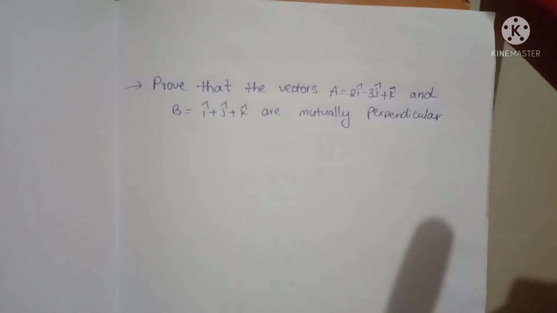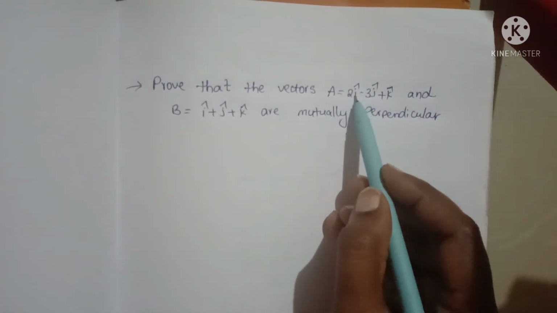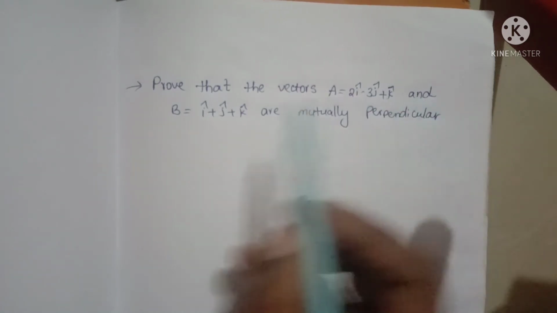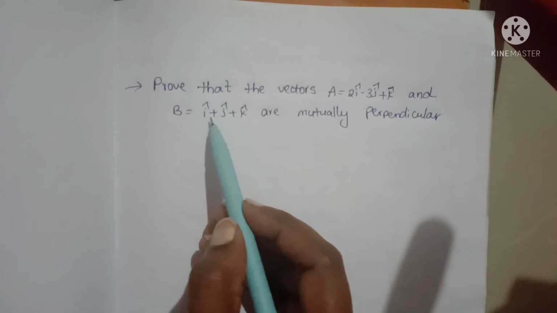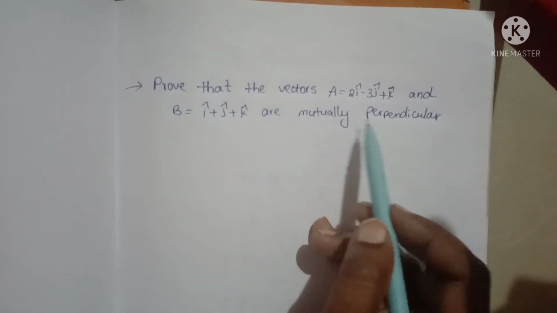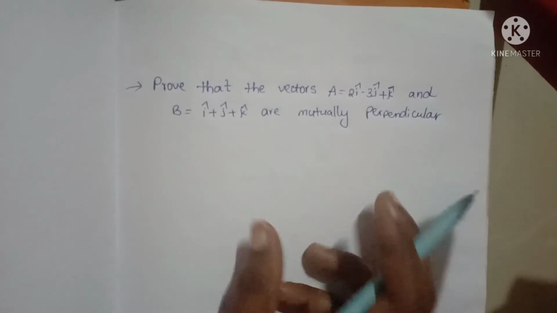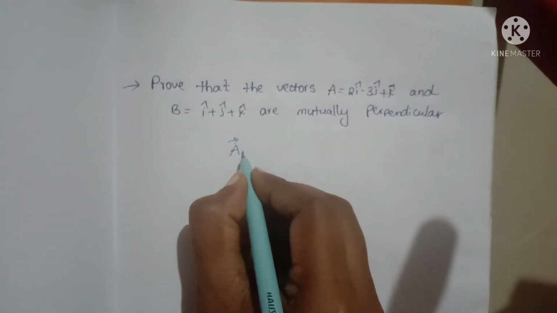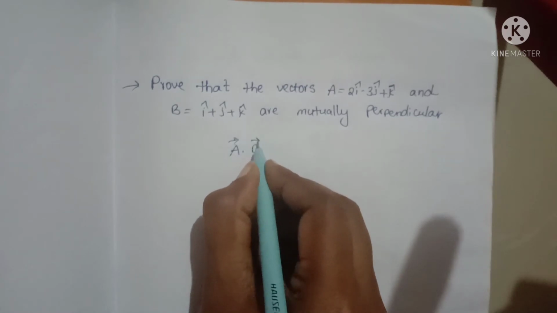Next one: prove that the vectors A equals 2 i cap minus 3 j cap plus k cap and B vector i cap plus j cap plus k cap are mutually perpendicular. So here we want to prove it. First we have to find A bar dot B bar.